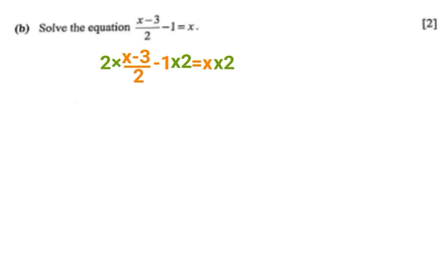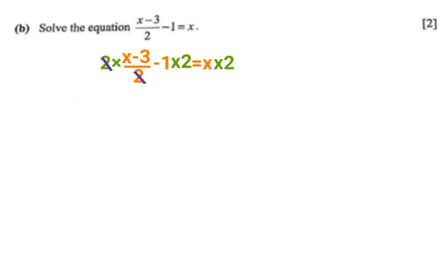Now when you look at that, that means we can cancel out the 2 on top and the 2 down in the first term. So I'm talking about the first term in this equation, which is (x - 3) over 2. I can cancel the 2 here and the 2 down here.